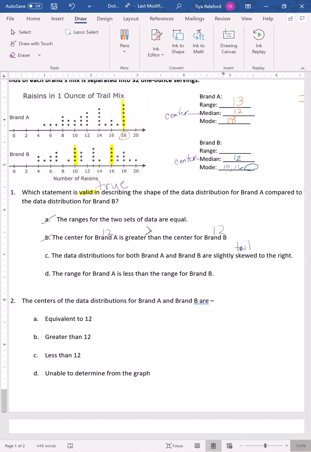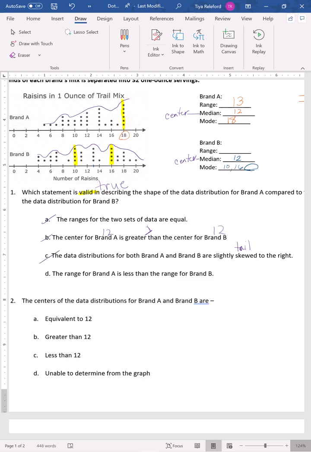So you're going to start like this. And then you're going to do the same thing for brand B. Now, does either one of these have a long tail on the right? No.